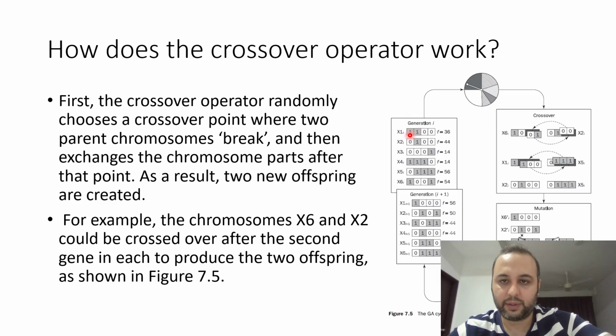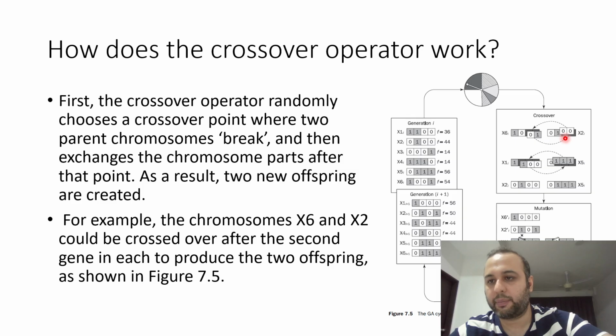Each chromosome has genes, 1 0 1 1 0 0 0 1 0 0 0 0 0 1. If we decode this chromosome, we reach the number 36. These generations are applied to the roulette wheel for the selection. This part is selection, roulette wheel.